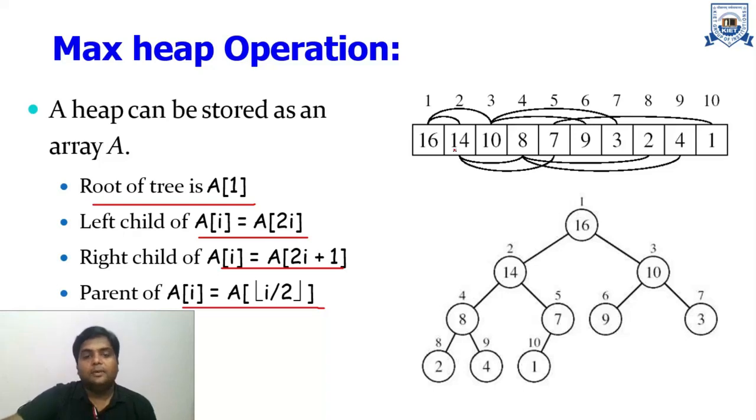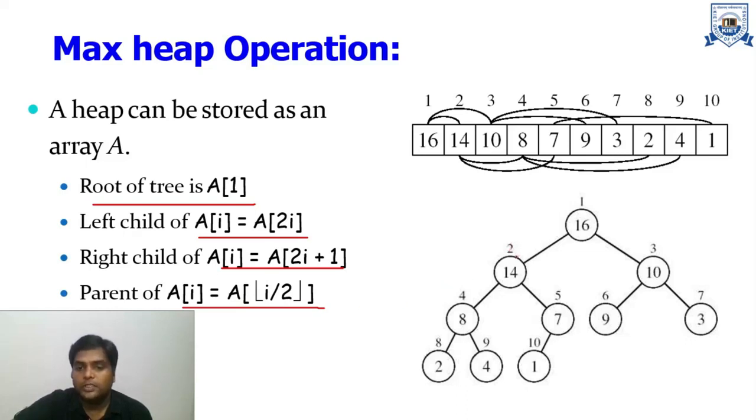If we are talking about a parent node for a particular node, let's suppose we want to find out the parent node of this node 14. Actually the parent node of this node 14 is 16. And what is the index? The index is 1. So the parent node is calculated by a of floor of i by 2. Let's suppose i is 2.